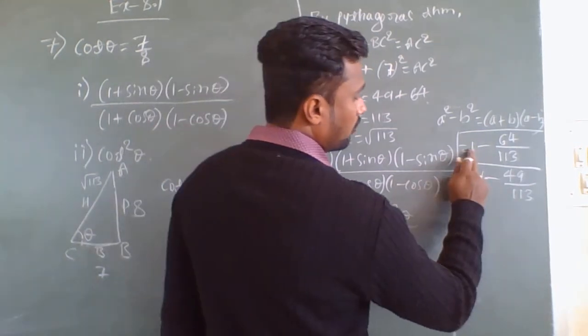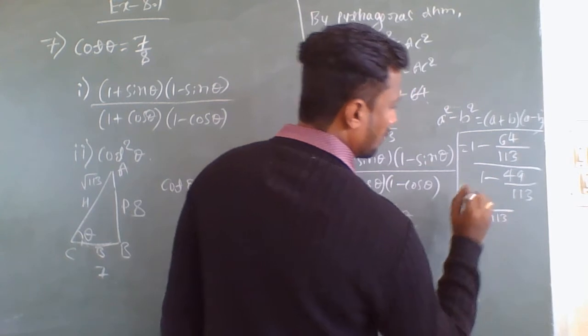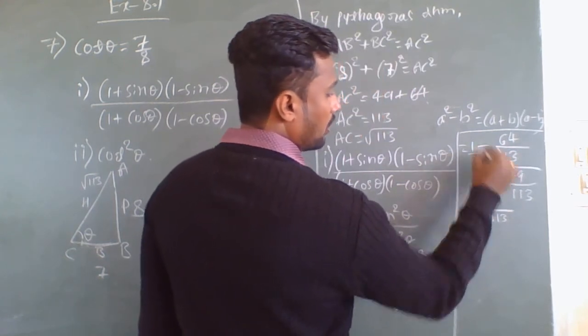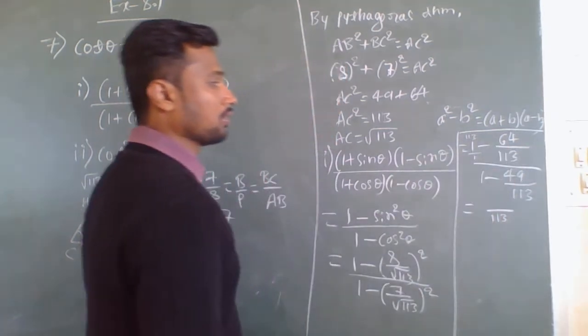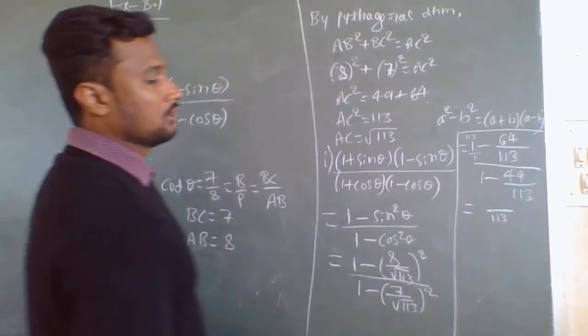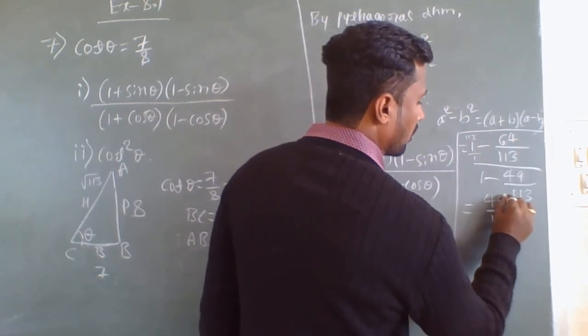So now we will take LCM and calculate. So here 1 minus 64 by 113, 113 is the LCM. So 1 into 113, so 113 minus 64 means 49.